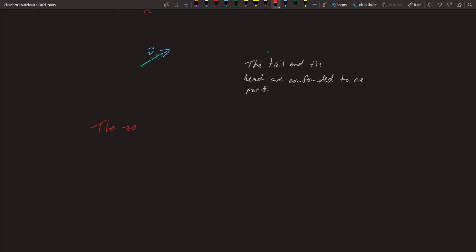The zero vector, its magnitude is equal to 0. Its direction is undefined. And it's denoted by a 0 with an arrow on top, or a bolded 0, as I said before.